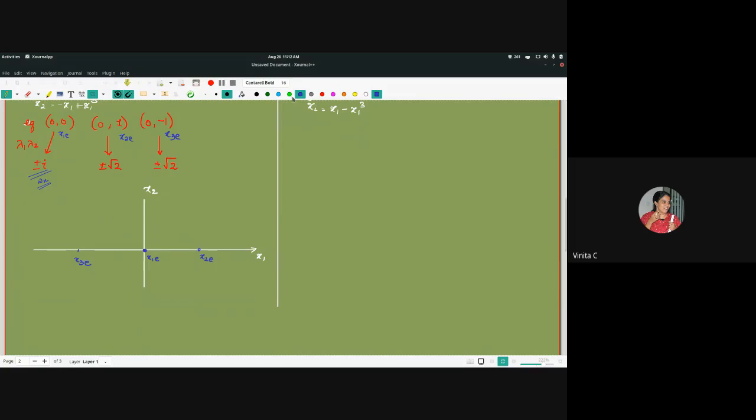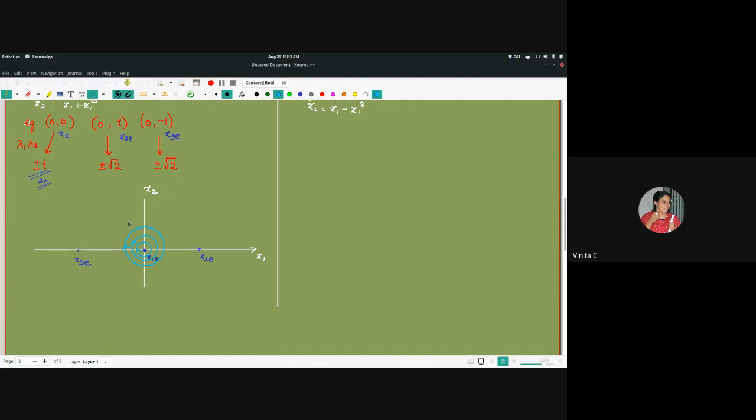So that is why. Near x1e, near the equilibrium point 0, 0, how does it look? It is an oscillation. Near this it will be oscillation, like a center. If we take a point near it, it will be just like a center. What about x2e? Plus minus root 2.